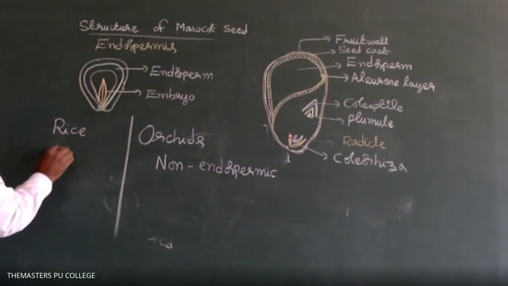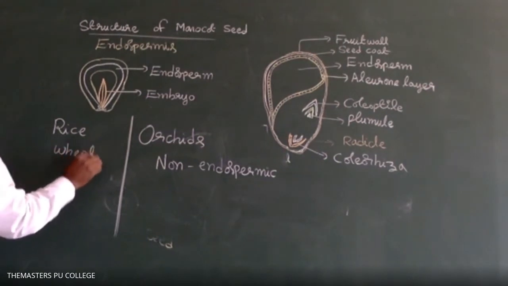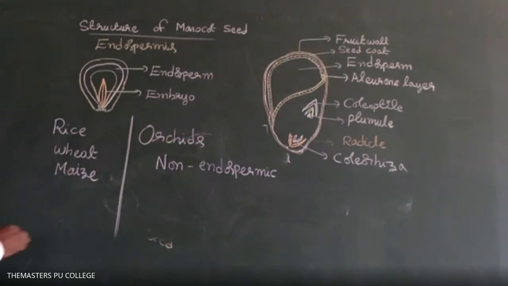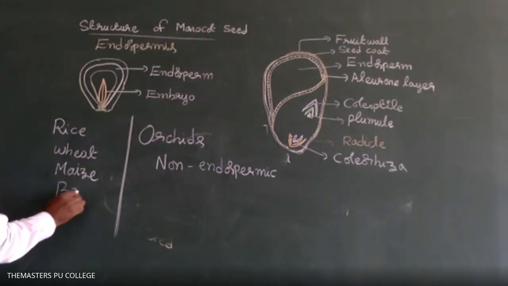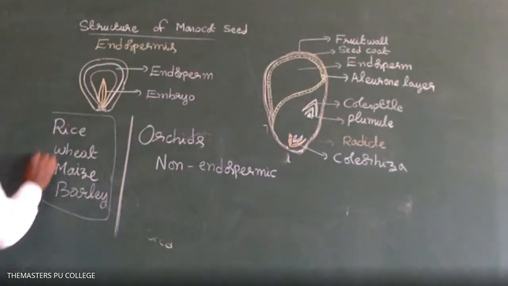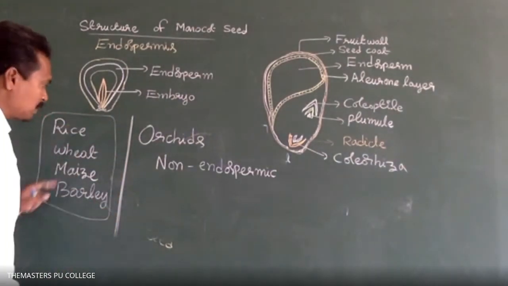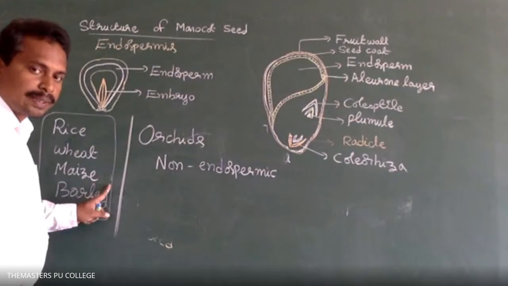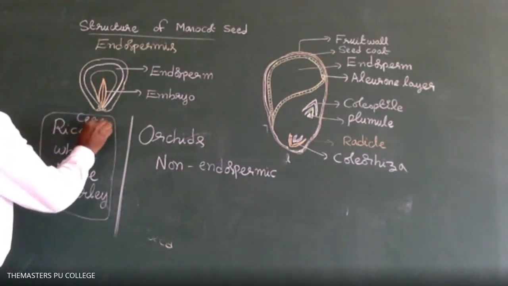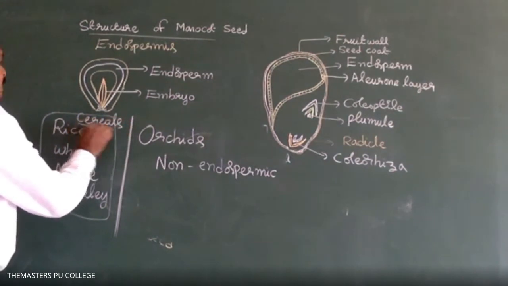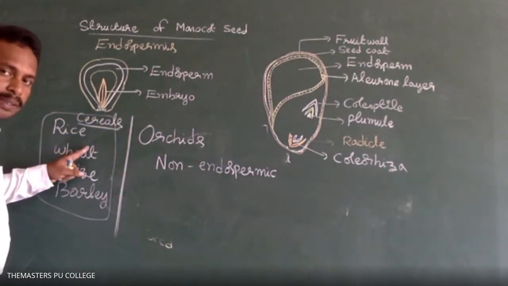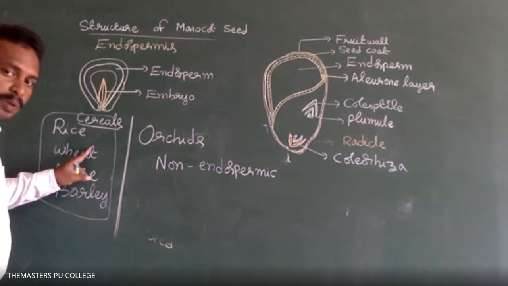Rice, wheat, maize, barley: these are examples of monocotyledons. Cereal plants such as rice, wheat, maize, jowar and barley are monocotyledons.